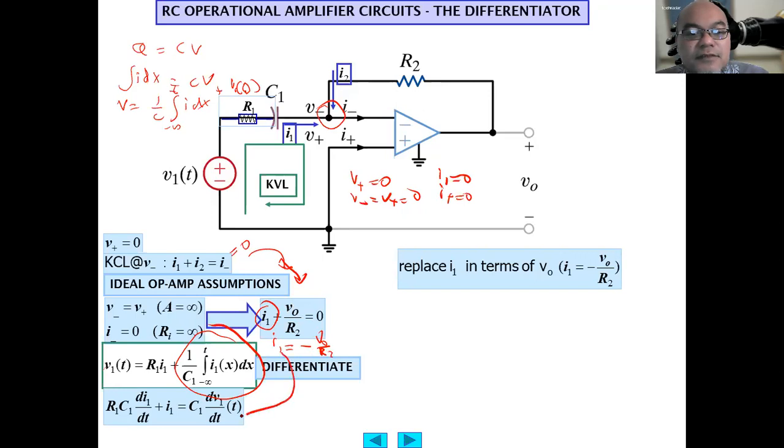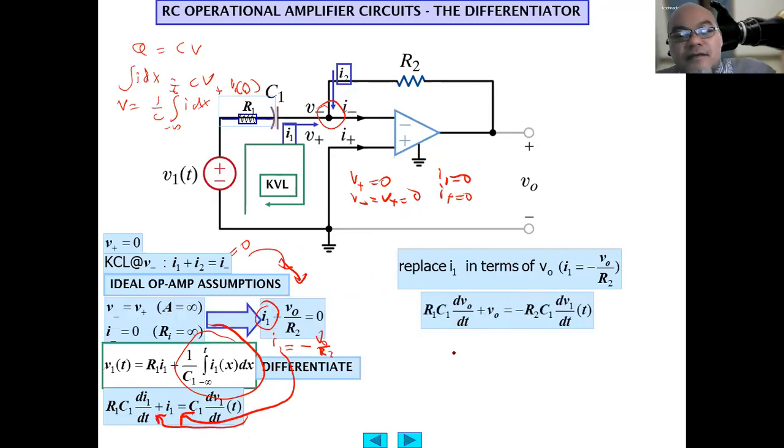So R1 C1 dI1/dt becomes negative R1 C1 dVout/dt over R2, and I1 becomes minus V output over R2.